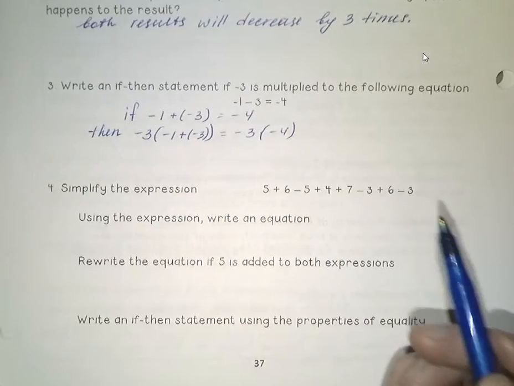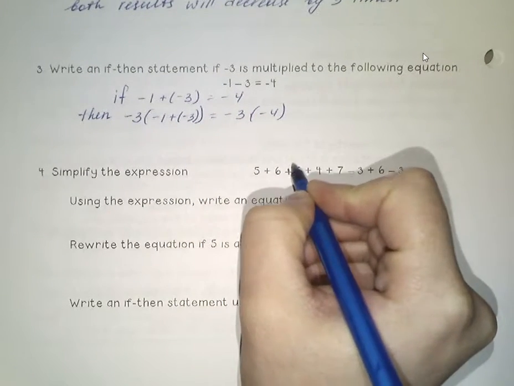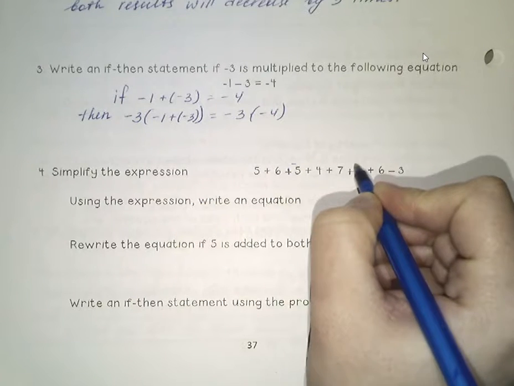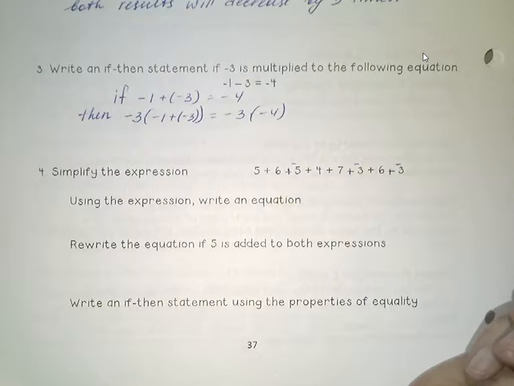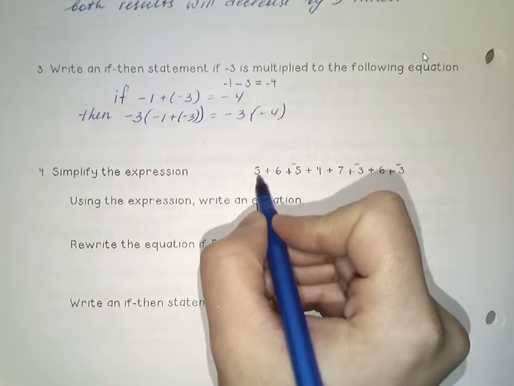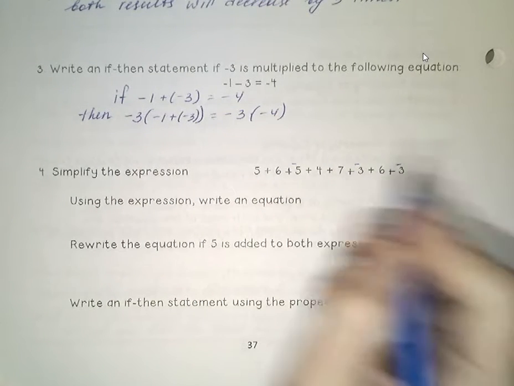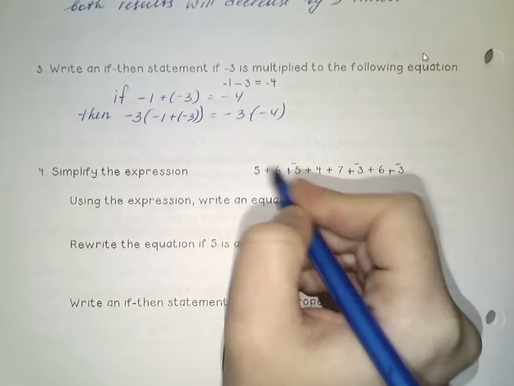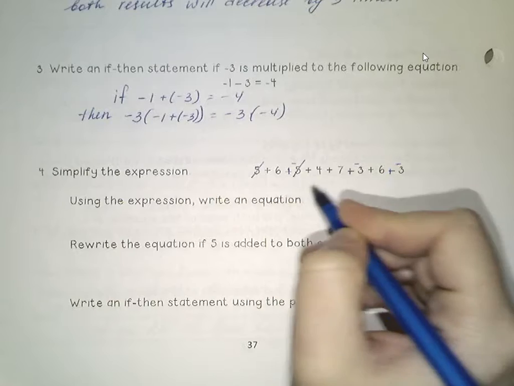We have here, it's long. So we're going to change our old subtraction into addition of the opposite. And to make it easier, I'm going to use the expression. So I'm going to simplify what I can simplify first. So I have 5 and negative 5 that I can simplify. Anything else here?